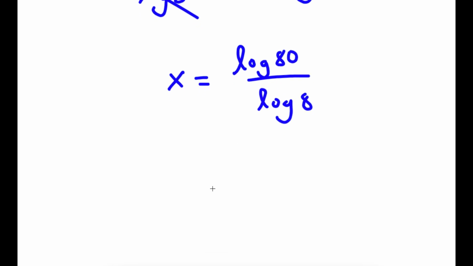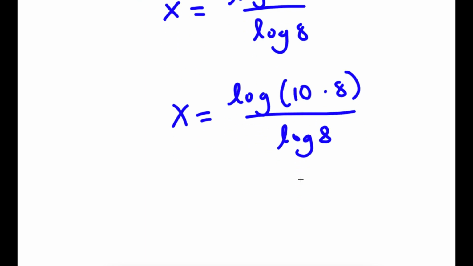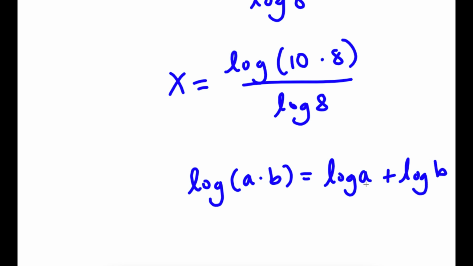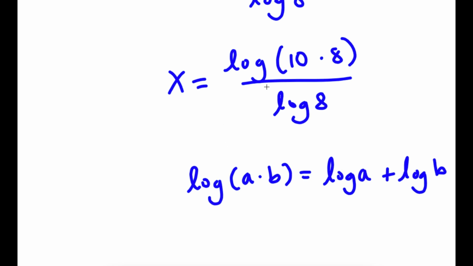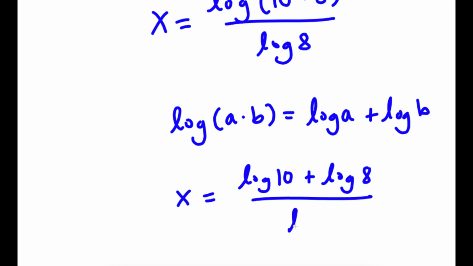So I'm going to rewrite log of 80 as log of 10 times 8. And if I have something in the form log of a times b, this is equal to log a plus log b. So in this case, log 10 times 8, that's going to equal log 10 plus log 8. And now I have this over log 8.